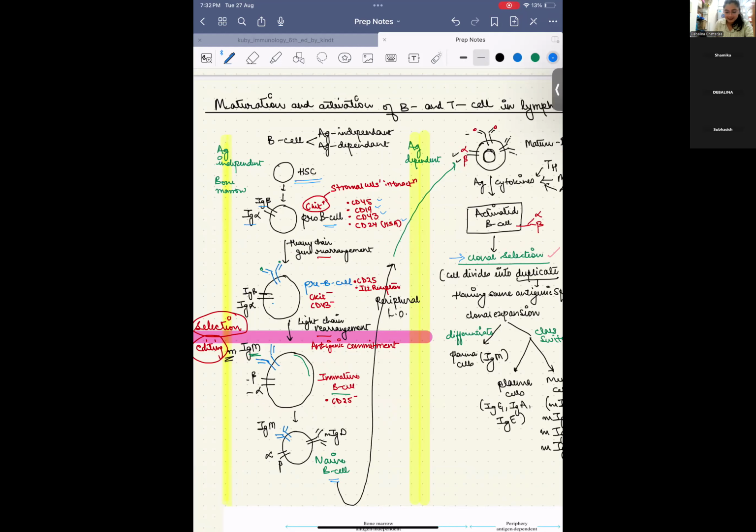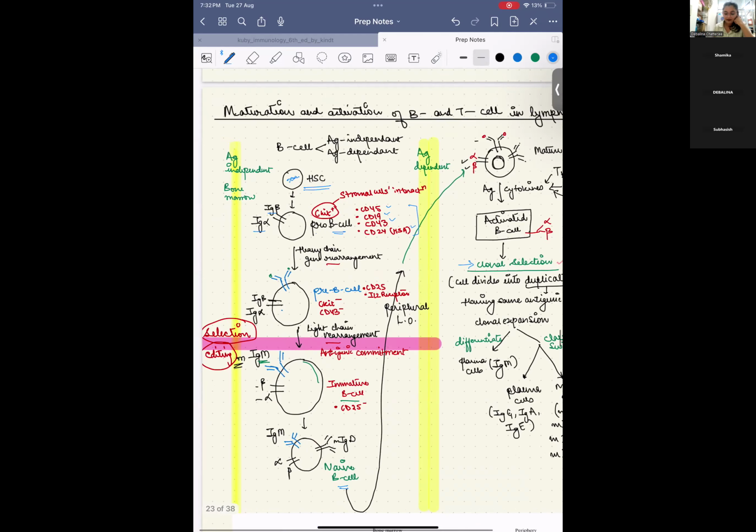This cell also has all the genes that are present in every cell of your body. If the genes now getting expressed are these particular genes, this cell is known as a pro B cell. In this pro B cell, the VDJ selection, the recombination, and everything is happening.